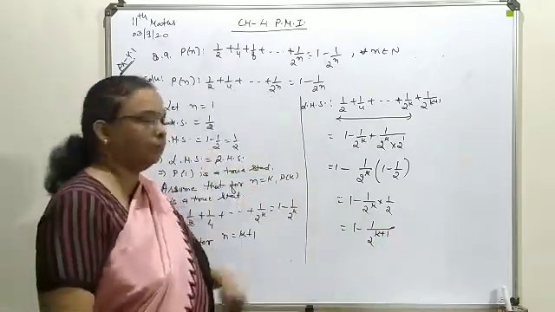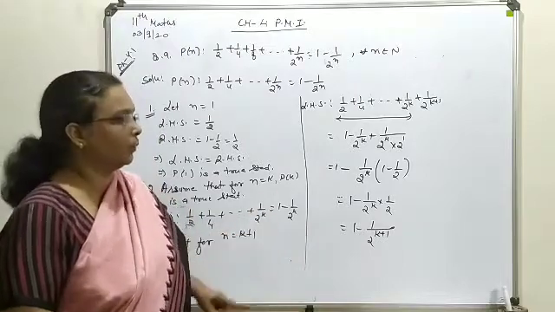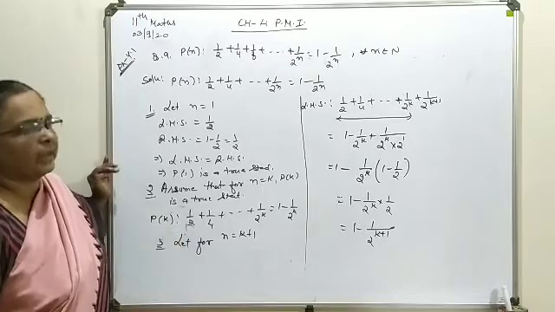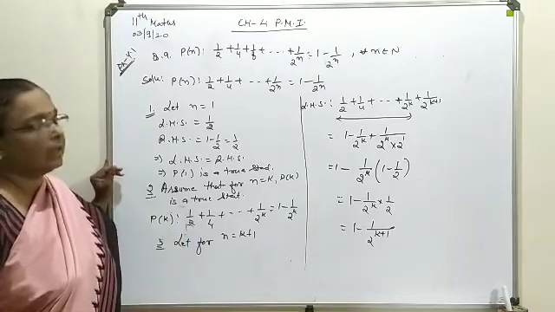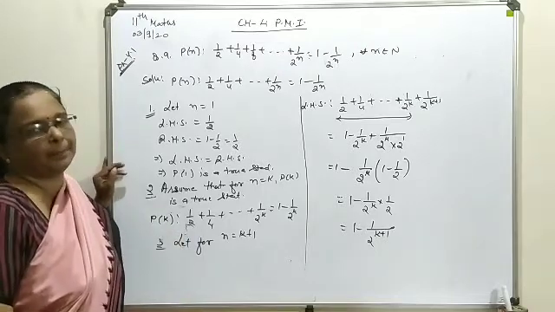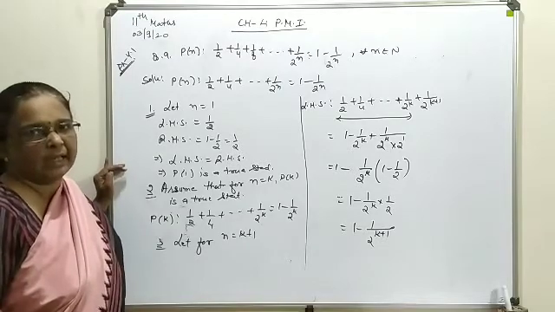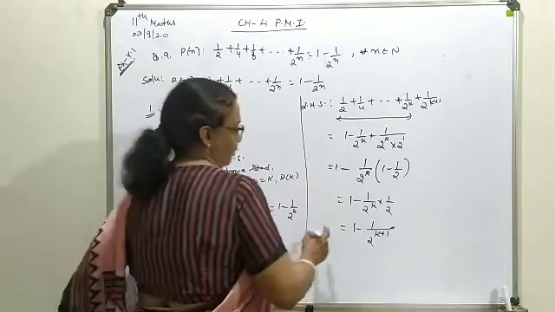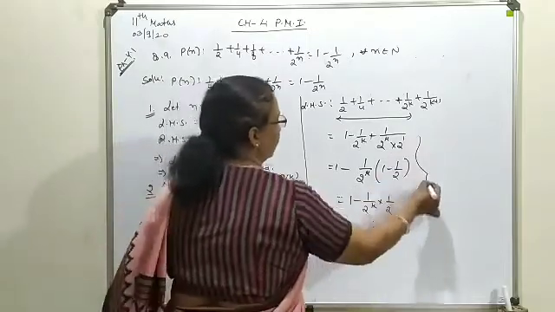So this will give you 1 minus 1 upon 2^(k+1), means here again in place of n we have generated k plus 1, means your P(k+1) is coming out here as a true statement form. And this is the main step of this question.